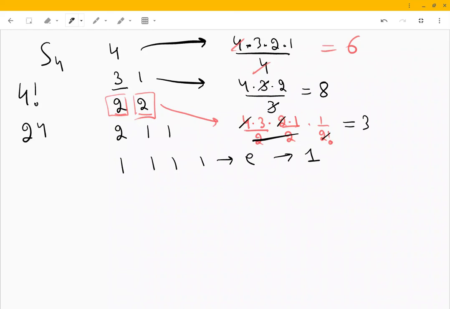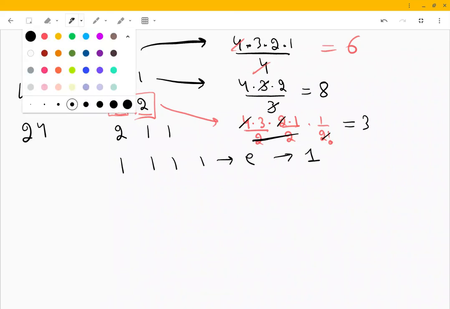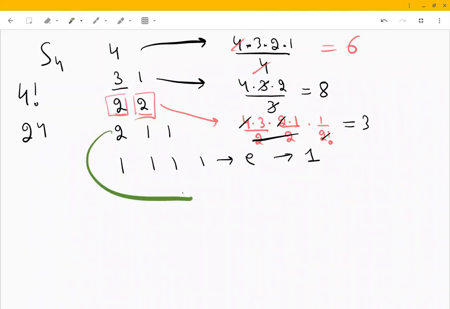And the one that's left is this: 4 times 3, just 2 is there, divide by 2. So 6 elements. Now 6 elements here, 8 here, 3 here, 6 here, 1 here. Let's add them up. 6 and 6, 12 and 8, 20, and 4, 24 elements. Here we have our 24 elements.